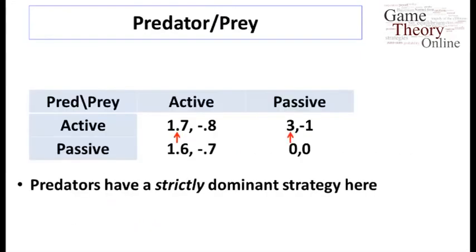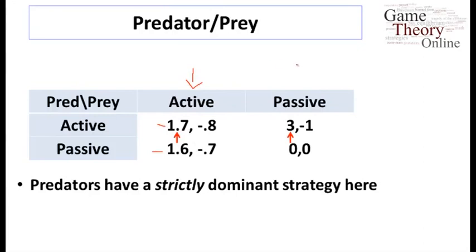Let's go back to our favorite example, our predator-prey example. Thinking from the perspective of the predator now, notice that the predator has a dominant strategy of being active. Because, let's think about it, if the prey is active, then of course the predator would rather be active rather than passive, because they'd get 1.7 rather than 1.6.